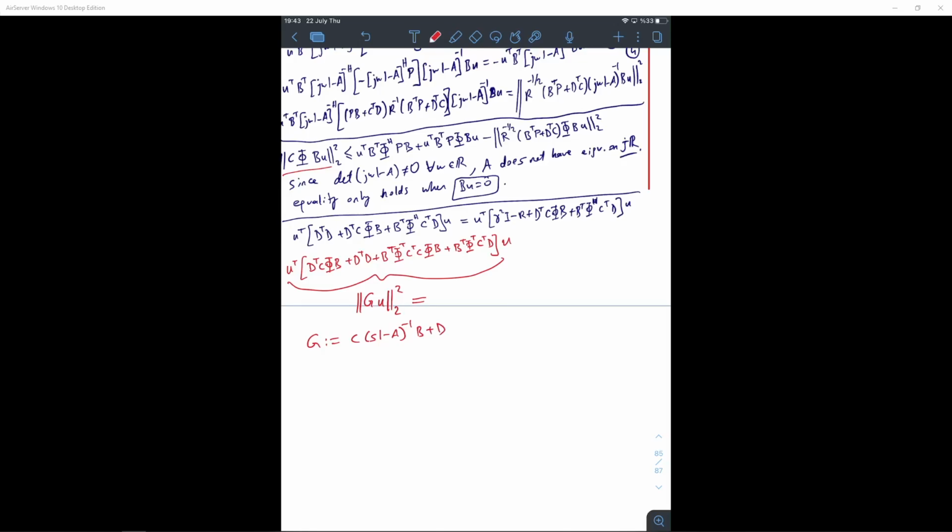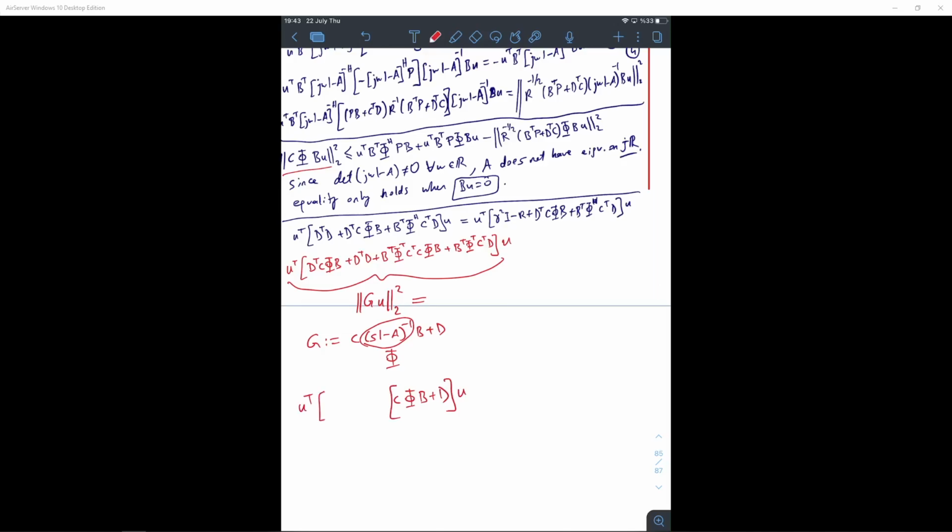And we were going to use this notation. Okay. So C phi B plus D, right, times U, right?